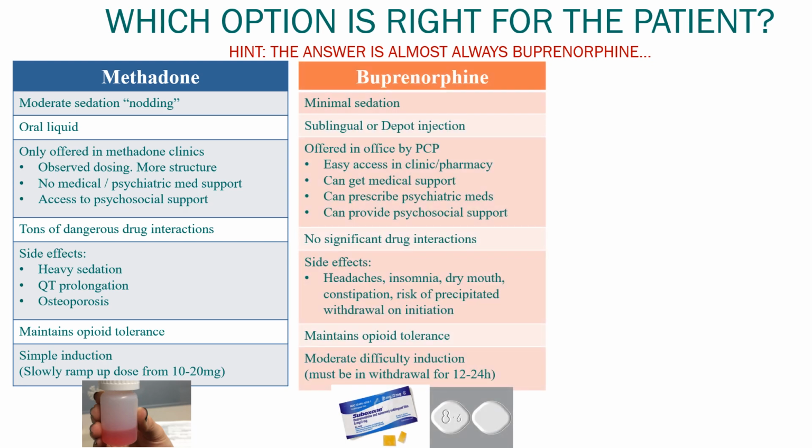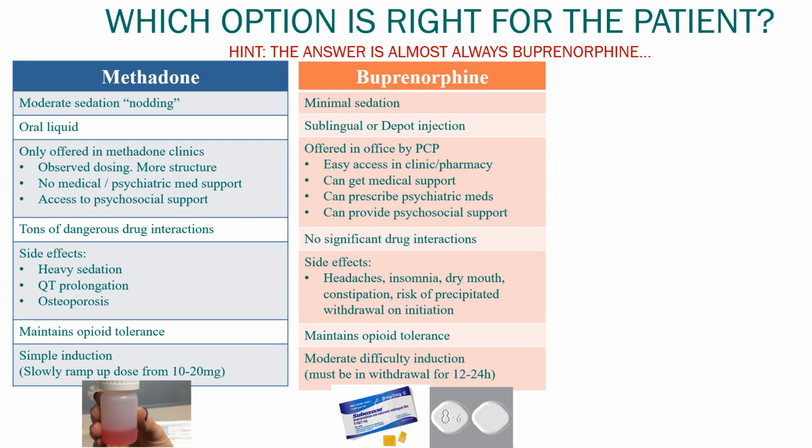Buprenorphine is the drug that can be prescribed in an office by a primary care physician. Because it's a partial agonist at the mu opioid receptor, it's only minimally sedating as opposed to methadone, which is moderately sedating. Most people on buprenorphine don't look tired, they just look normal.